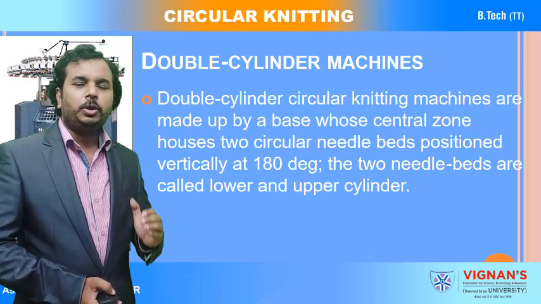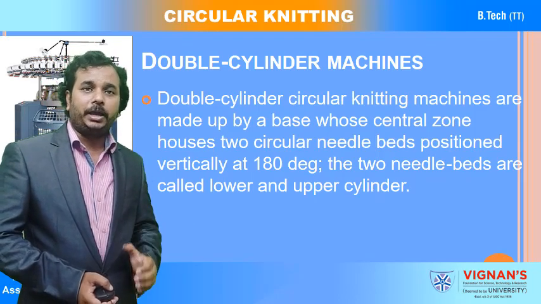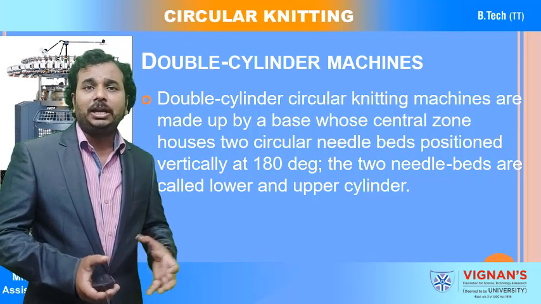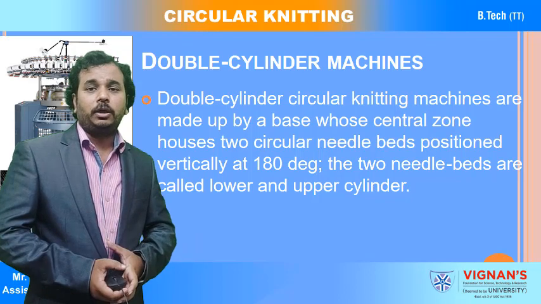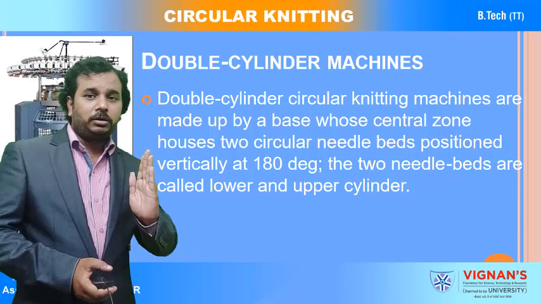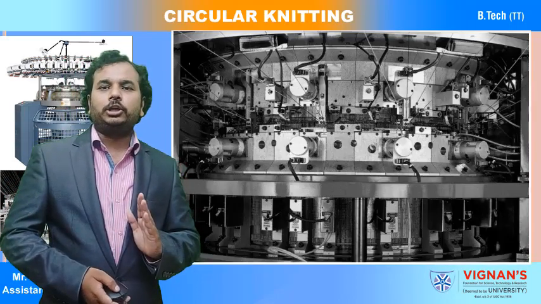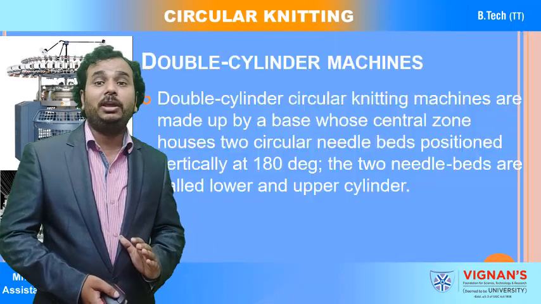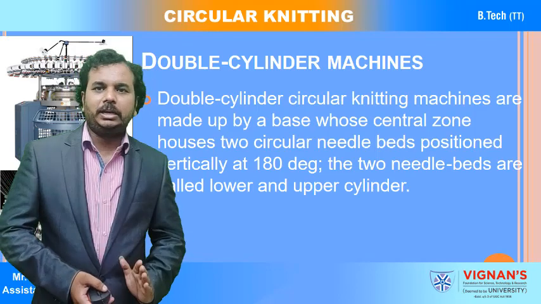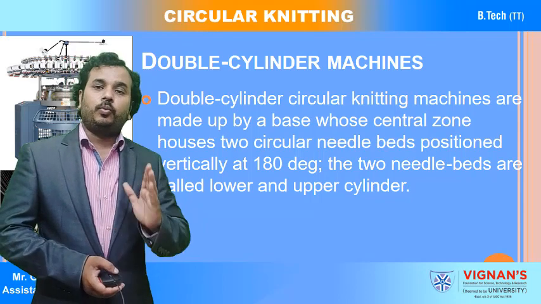Double cylinder circular knitting machines are made up of a base whose central zone houses two cylinder needle beds positioned vertically at an angle of 180 degrees. One cylinder is like this, and at the top side one more cylinder is placed, in the same axis, one above the other.